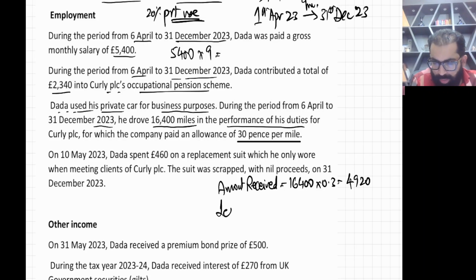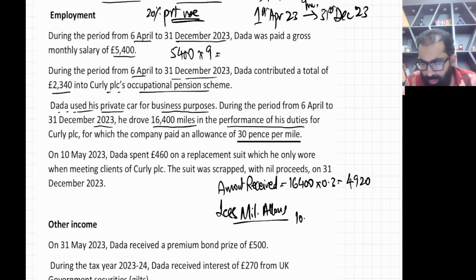And now you have to deduct the mileage allowance. The rates are fixed: for the first 10,000 miles it's 45 pence, and for the next 6400 miles it's 0.25. Hope you remember it.